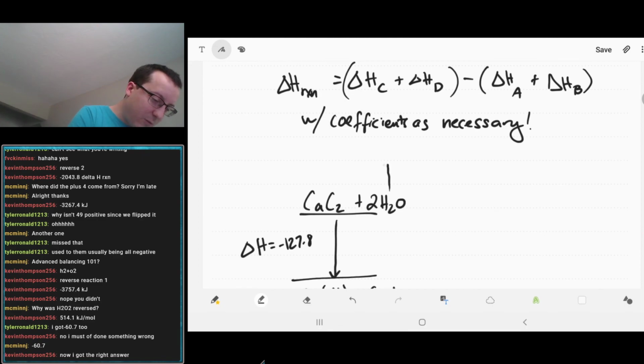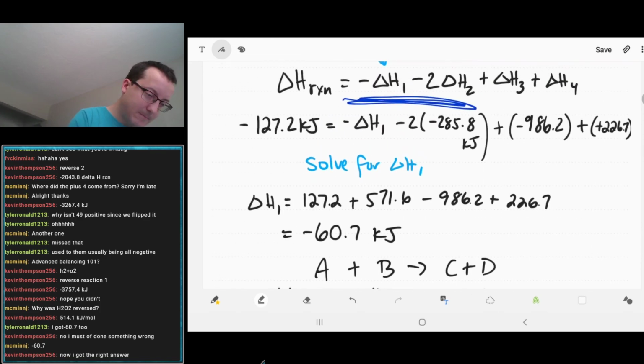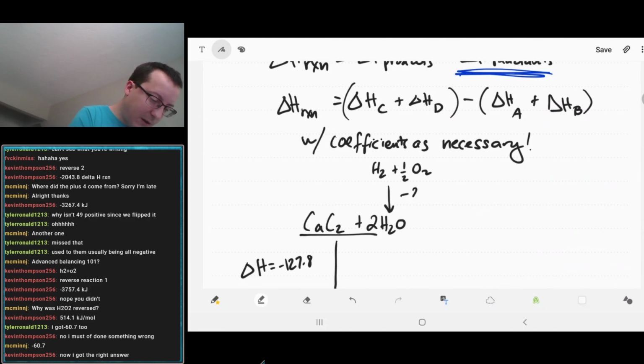So we know that going from water, that's H2, oh my gosh, H2 plus half O2, right? We know that this difference was negative 285.2.